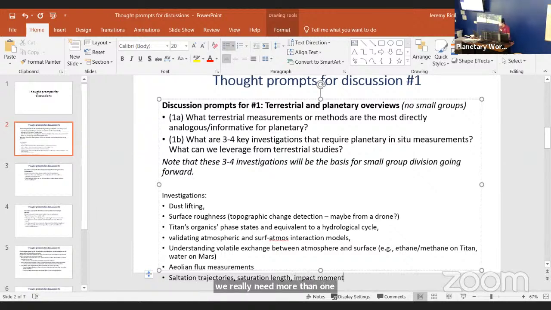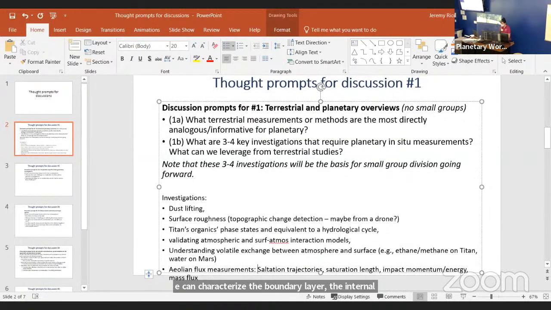I've been wanting that for a long time, and I think many people have. So if we can characterize the boundary layer, the internal boundary layer, and then somehow relate that to the models, so get some kind of observation at a height where we're coupling it with some larger scale atmospheric model. And with more anemometers, they might last longer on these missions too.